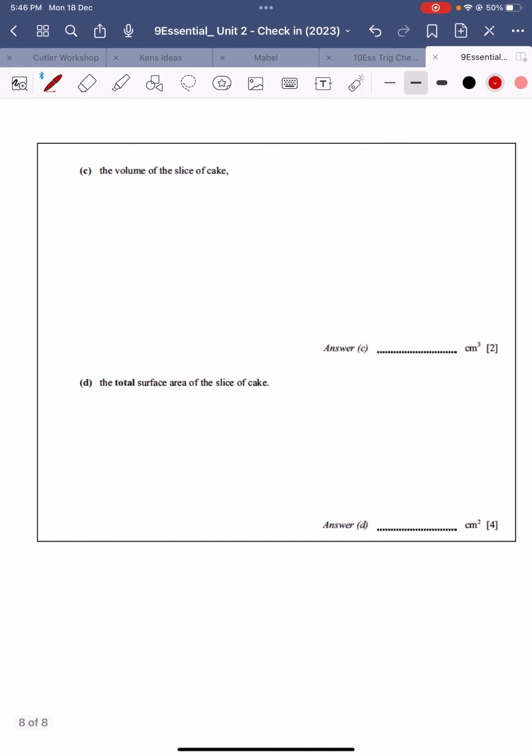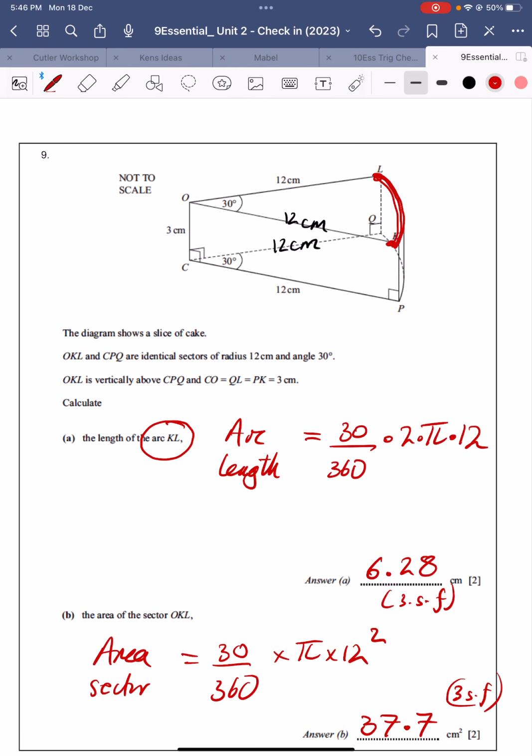When we go over the page, calculate the volume. So that was handy when I was discussing before. The volume of this is the cross-sectional area. So it's the area of like an end piece times by the height, which is the 3 all the way through. So we will need this 37.7.